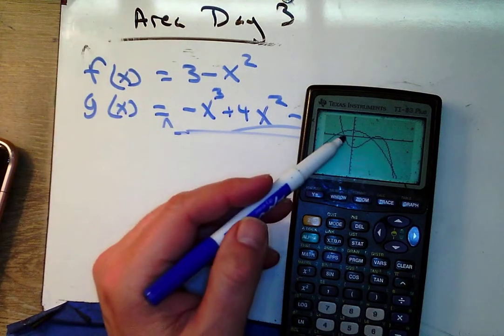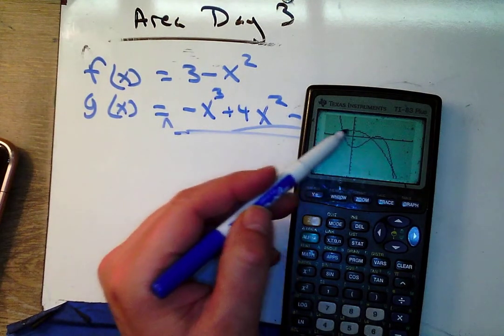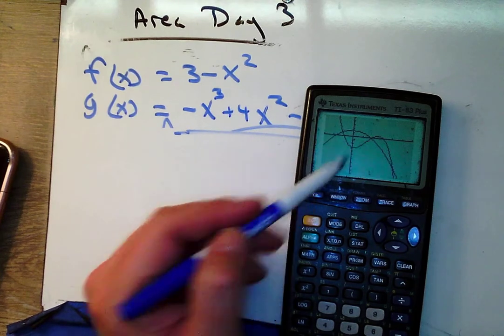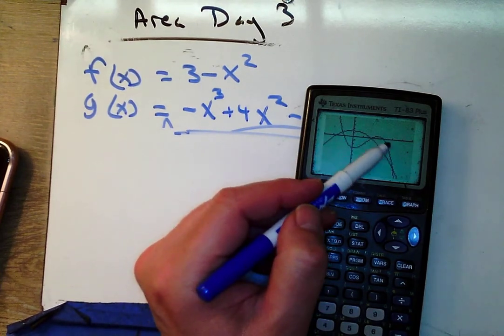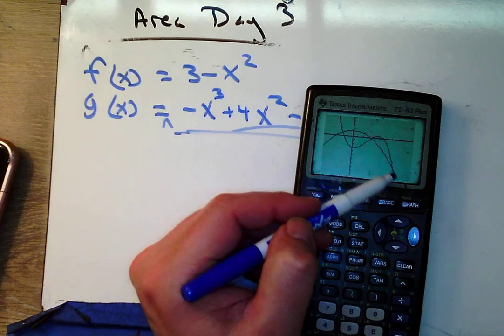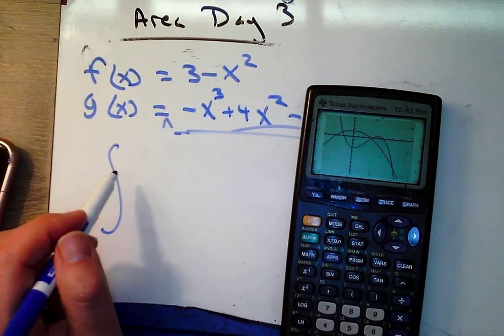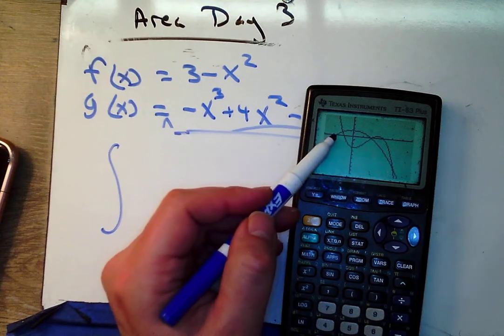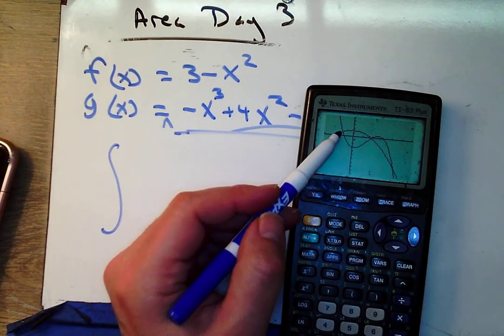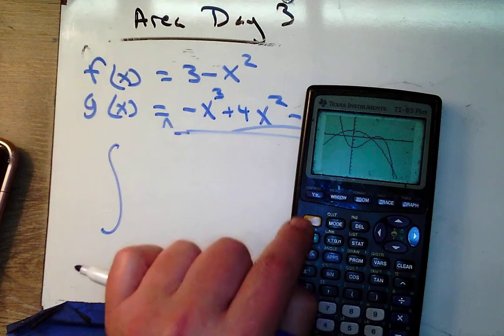So I've got the parabola on top and the cubic on the bottom. And here I have the cubic on top and the parabola on the bottom. Don't forget, when you do these integrals, it's not the x-intercept of the function we're looking for. It's the point of intersection on the graphs.